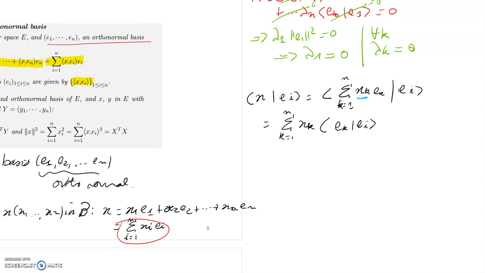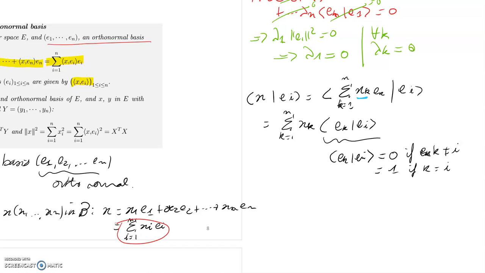Okay, and you remember that as the ei make an orthonormal basis, it means that the inner product of ek with ei is, first of all, orthogonal, so equal to 0 if k is different from i, and equal to 1 if k is equal to i.